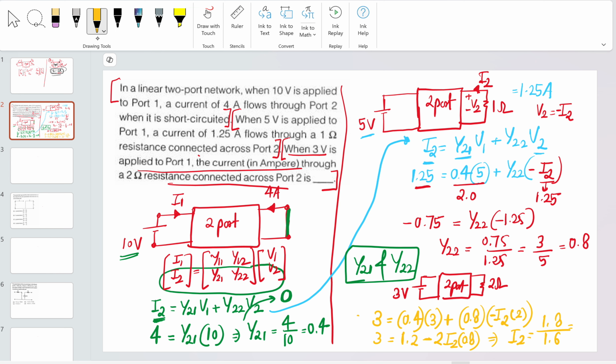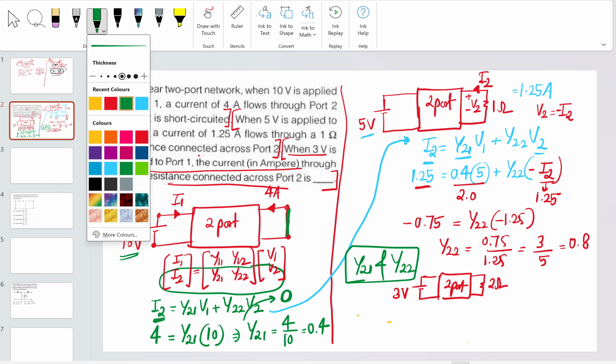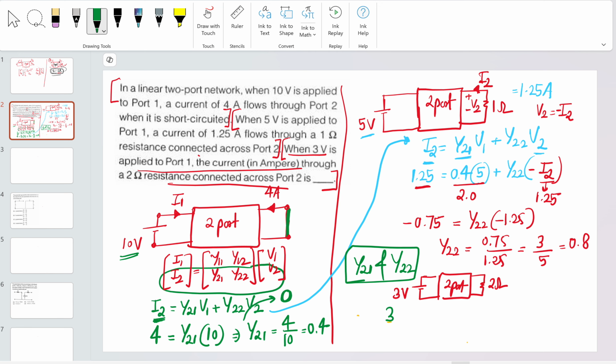Is it correct or not? Let me recheck it, and let me take another color. So I2 is equal to 0.4 times V1, where V1 is 3, plus minus 2 times I2 multiplied by 0.8.